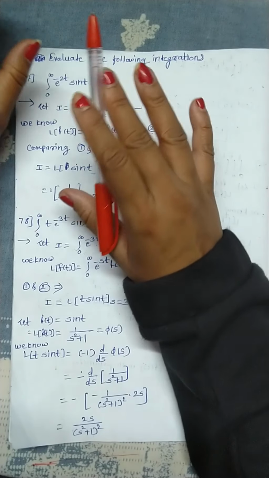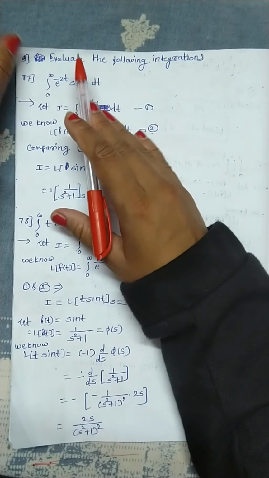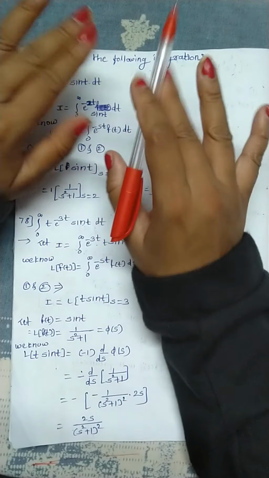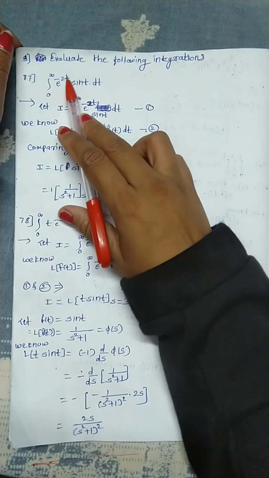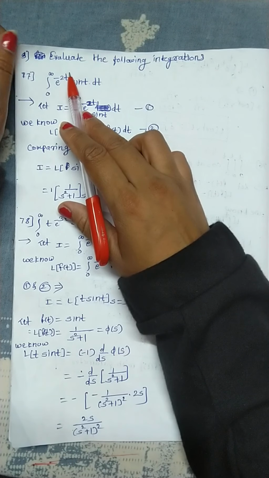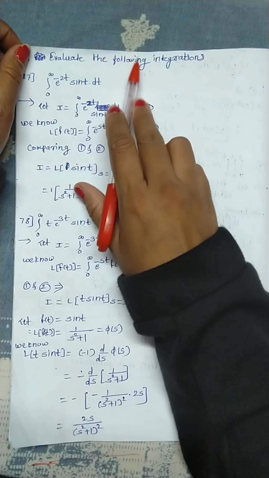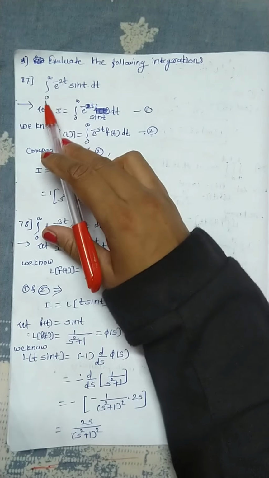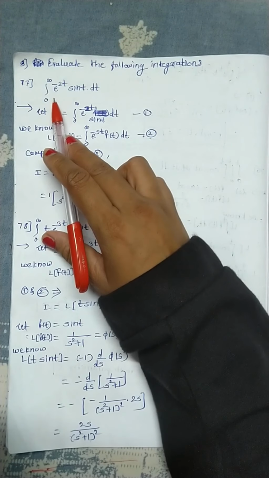Now the question has changed. Earlier, up to the earlier properties, the common question was to find the Laplace of a function. Now the question is changed, so you have to read the question carefully first. Evaluate the following integrations. This is the only question. Now consider the 77th example first.